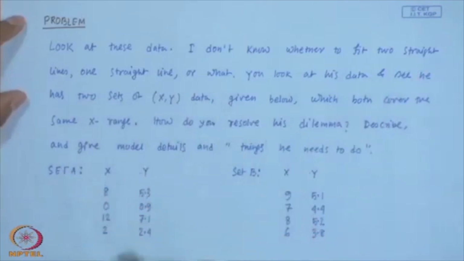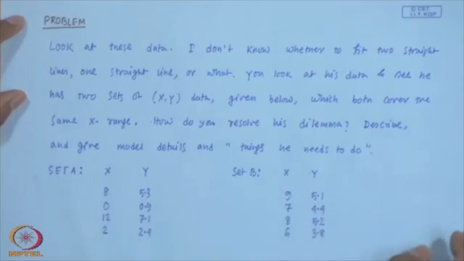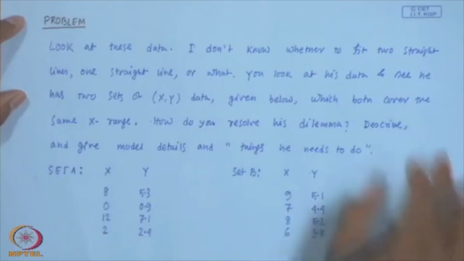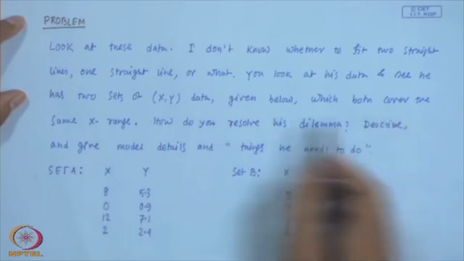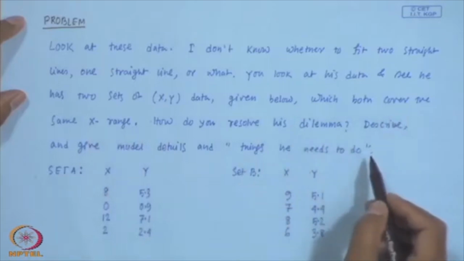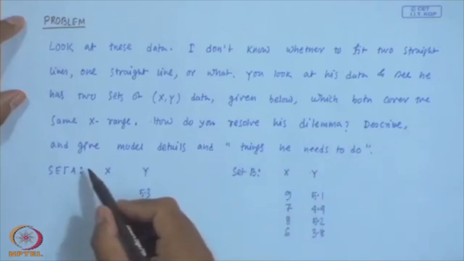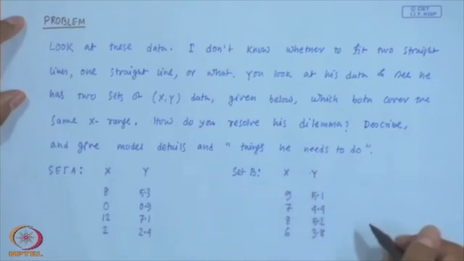So, we have 2 sets of data, set A and set B, and we do not know whether to fit 1 straight line to all the data together or 2 straight lines. He has 2 sets of x y data given below, which cover the same x range. How do you resolve this dilemma? Describe and give model details and things he needs to do.